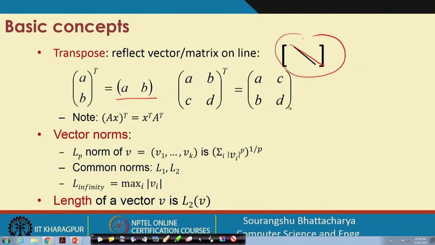Okay. We note that we can have a matrix vector product AX, the transpose of which becomes X transpose A transpose.